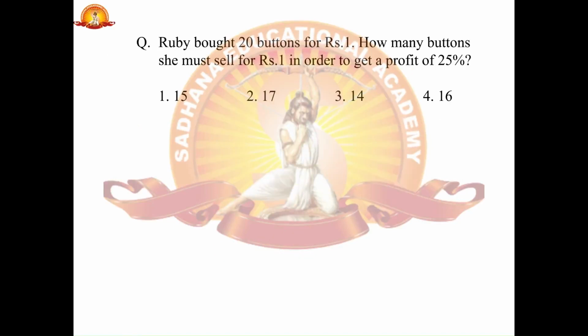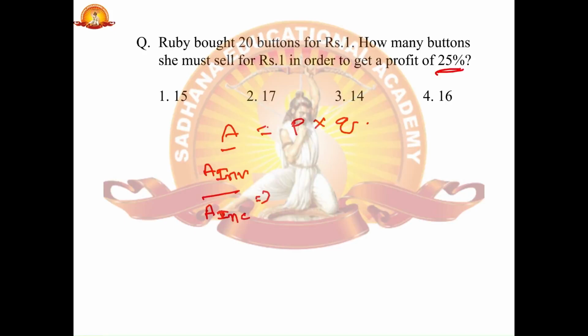A shopkeeper buys 20 buttons for 1 rupee. How many buttons must she sell for 1 rupee in order to get a profit of 25%? We know that amount is equal to price into quantity. So I'm taking the relationship between amount in case of investment and amount in case of income.